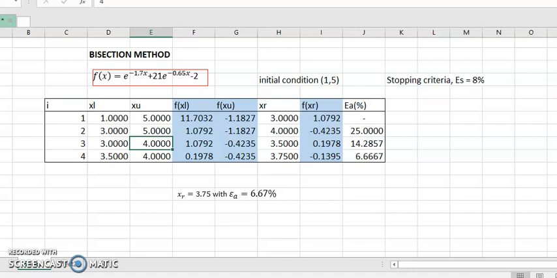Your XL is the same as the previous value of XL, which is 3. And then you continue the process and you get the new XR, 3.5.